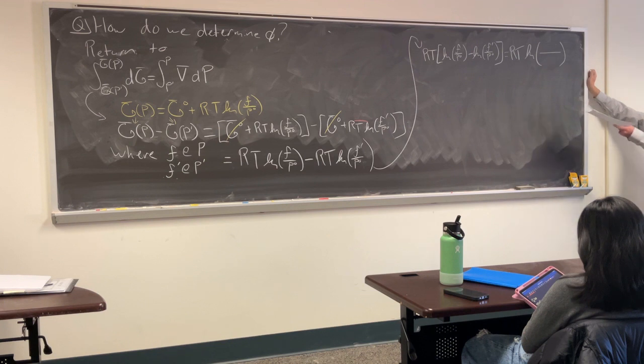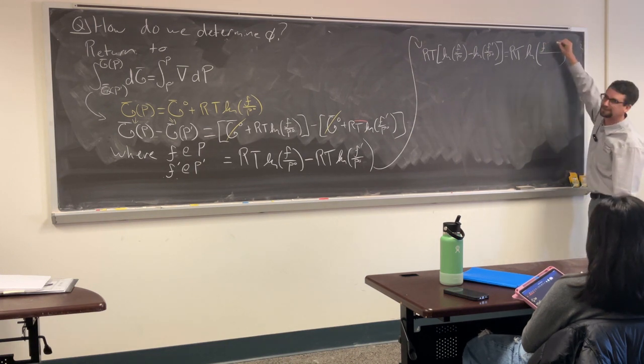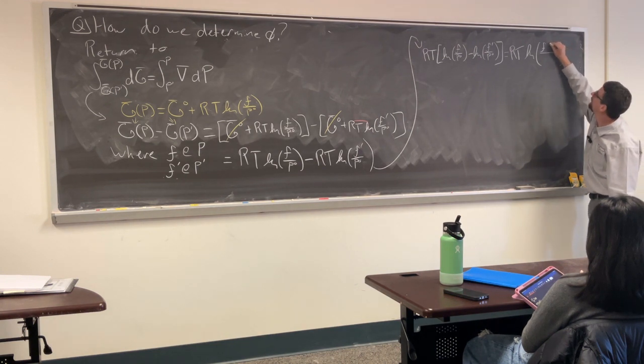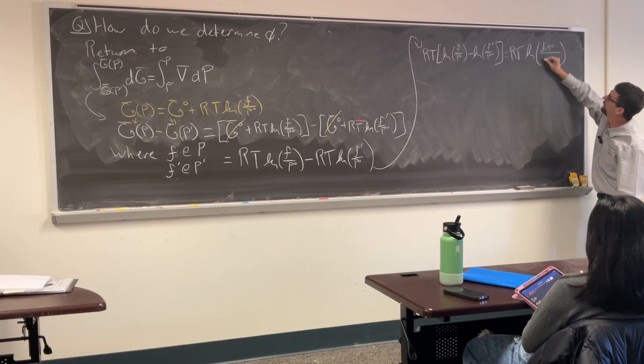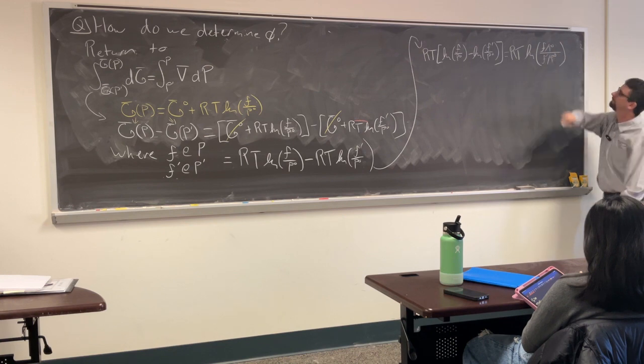Anyways. What do we got here? What's going to be on top? I'm going to be kind of simple. F divided by what? Yep. And what goes in the denominator? Yep. Divided by what? Yep.